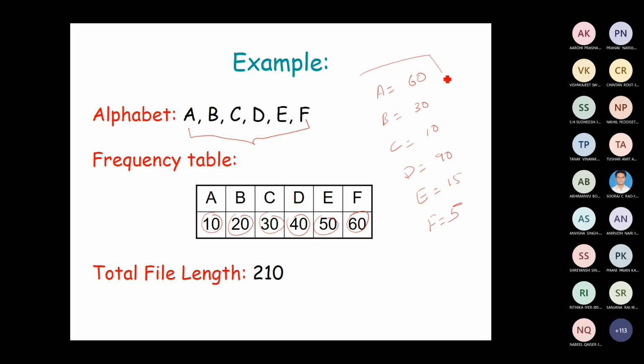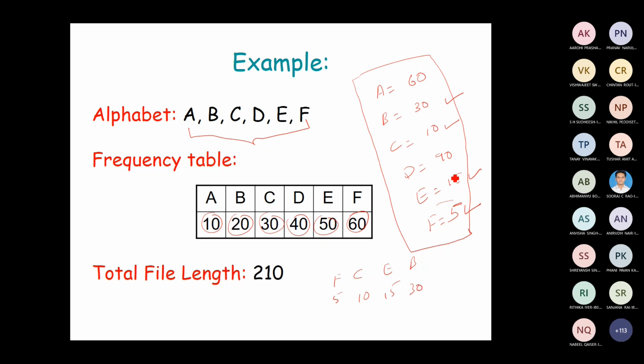If that is the case, your frequency table should be created so that all frequencies are in increasing order. The least value is F, so F is 5. The next lowest value is C, which is 10. The next lowest is E, which is 15. Then B, which is 30.